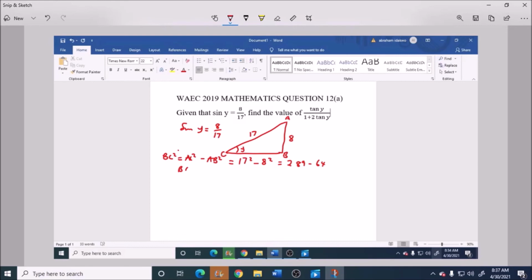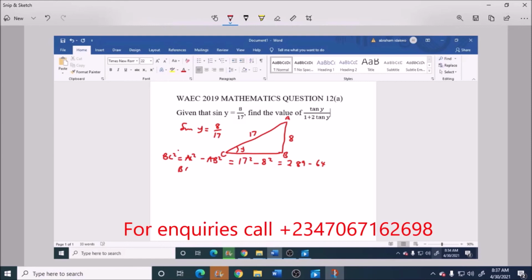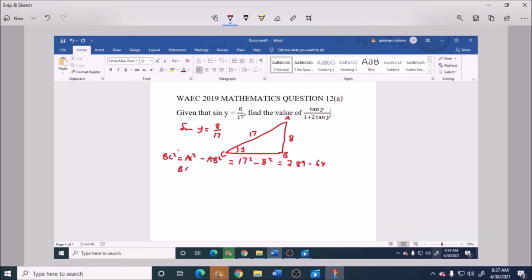So BC is equal to the root of 225, which is equal to 15. So BC is equal to 15. Then tan y is equal to AB over BC, which is equal to 8 over 15.